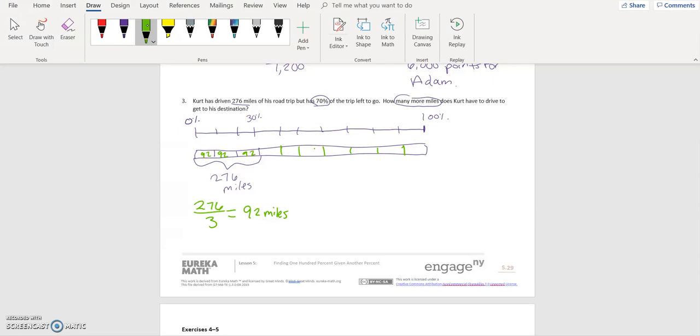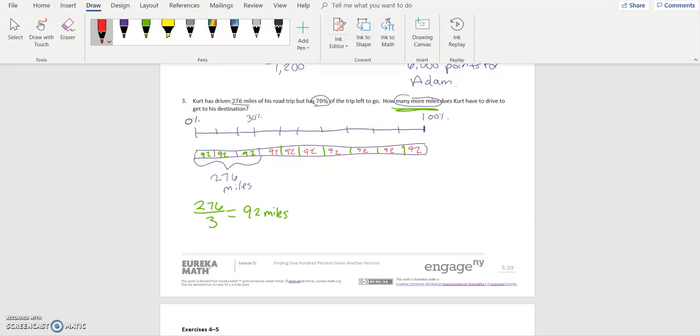Okay, we want to know not how many total that he's going, it says how many more. So the only thing that we are counting here is these 1, 2, 3, 4, 5, 6, 7 pieces that each are 92 because they are all equal.